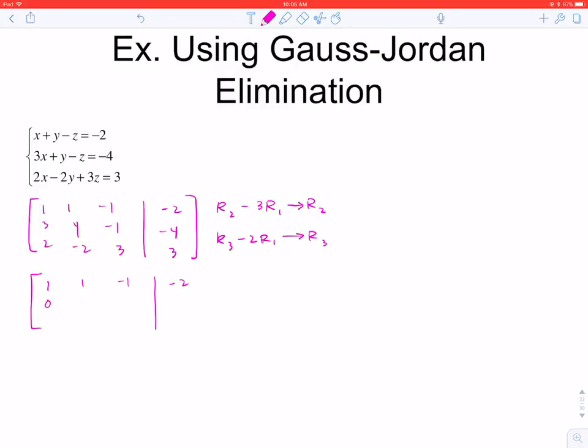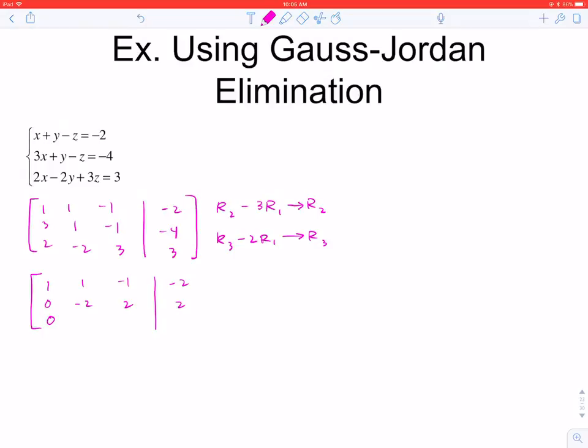Row 2 will now be 0, and I wrote y instead of 1. Okay, so 1 minus 3 times 1 will be negative 2. Negative 1 minus 3 times negative 1 will be positive 2. Negative 4 minus 2 times negative 3 will also be positive 2.